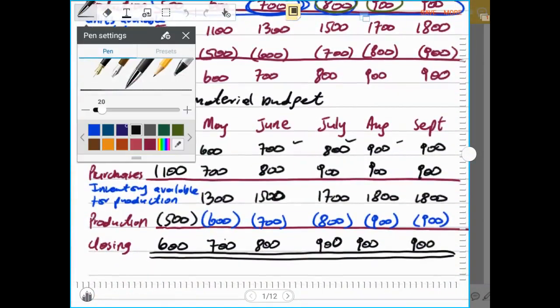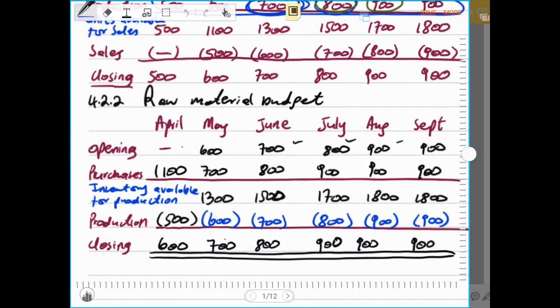And in each and every amount, we say times by 40, times by 40, we multiply everything by 40 because that is 40 rands.